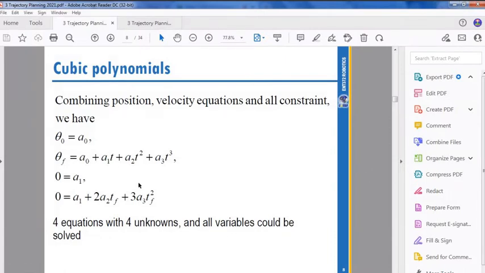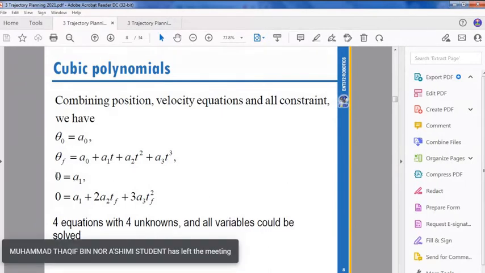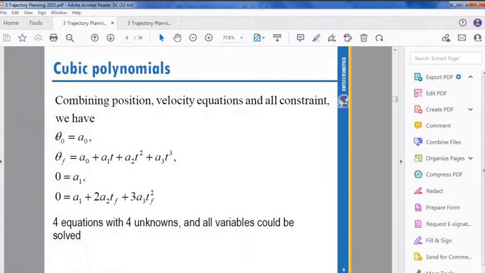Okay. Then we can use the elimination technique on these 4 equations to define A2 and A3, because A1 you already have. A1 is 0. A0 equals theta 0. This depends on the initial angular value of your robotic arm.